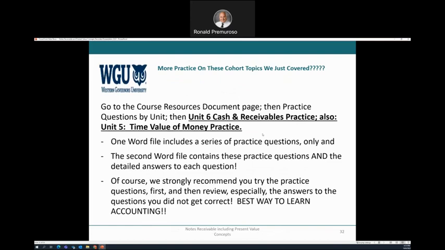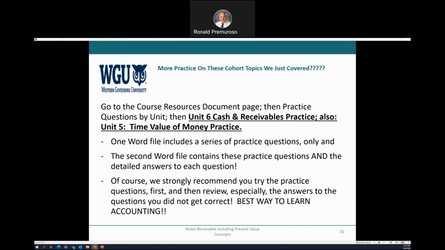If you want any more practice on notes receivable, including present value concepts, please go to your course resource document page, practice questions by unit, look for Unit 6, Cash and Receivables Practice, and note that there are notes receivable questions within that unit.